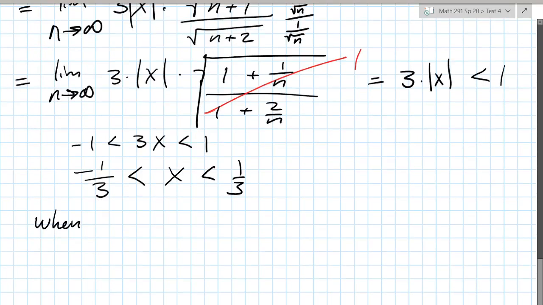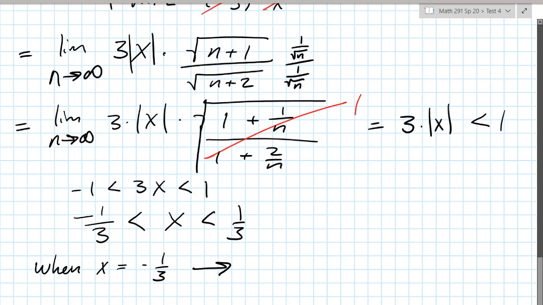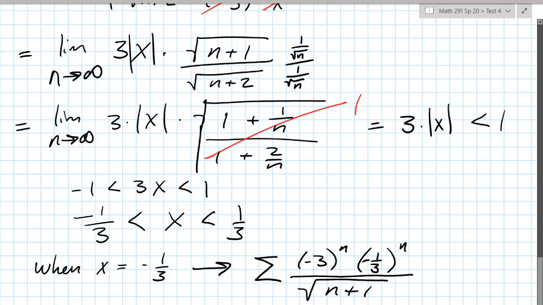So what about when x equals -1/3? What does our summation become? So we have the sum of -3 to the n, -1/3 to the n, the square root of n plus 1.